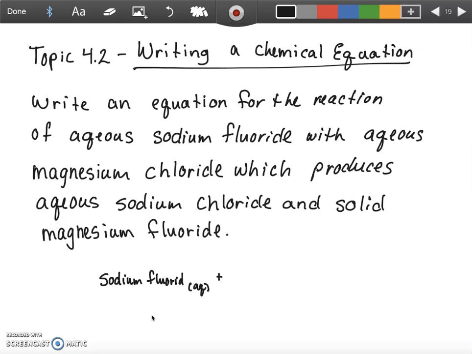The second one that it listed was magnesium chloride. Said it was aqueous. And that's going to form sodium chloride. And I'm going to write it like this because I am going to run out of room, which is aqueous, plus magnesium fluoride.